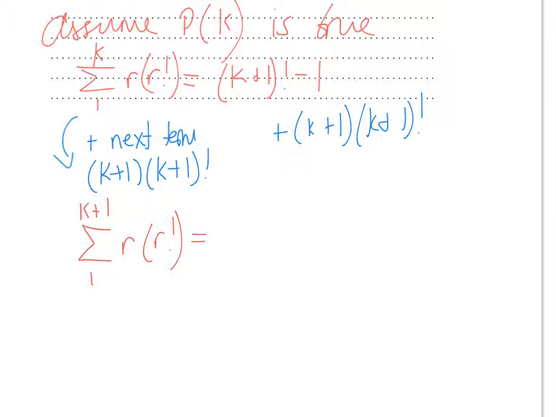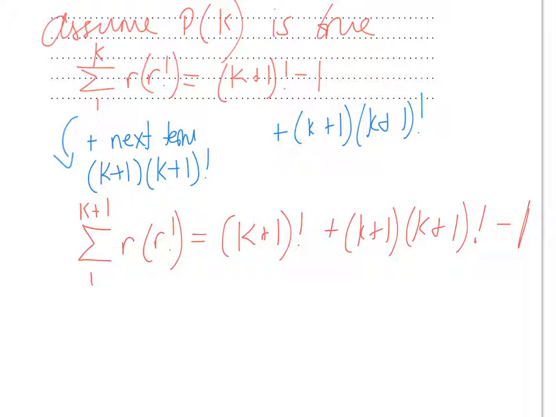And on the right-hand side, I just get k plus 1 factorial plus k plus 1 times k plus 1 factorial minus 1. I've left that minus 1 at the end, and I'm going to point out why. It's worth bearing in mind, and this doesn't necessarily need to form part of your argument, this might be just a note for yourself you stick somewhere.